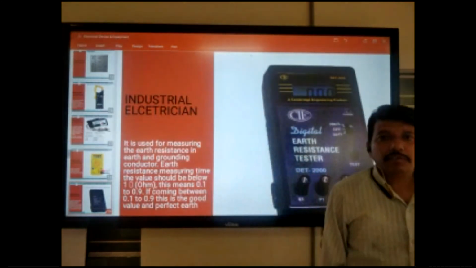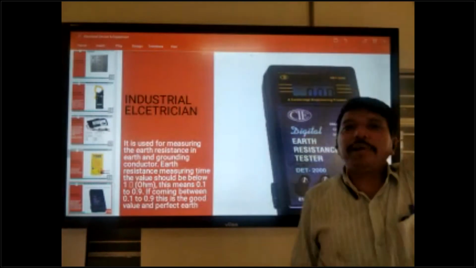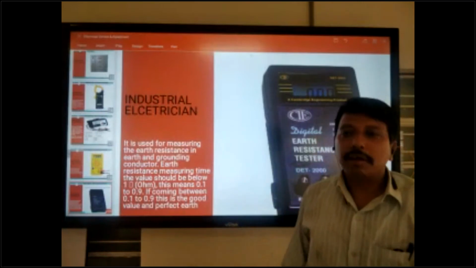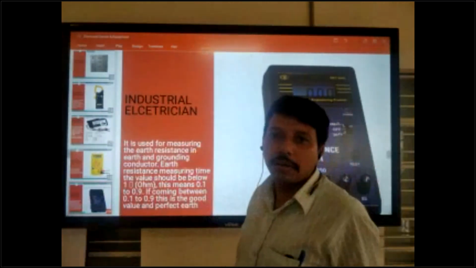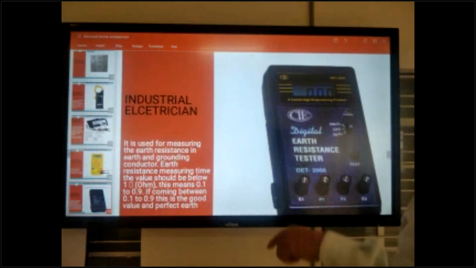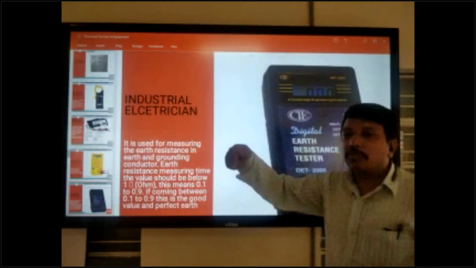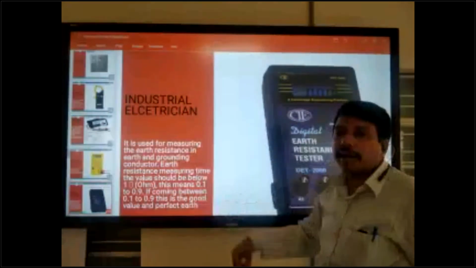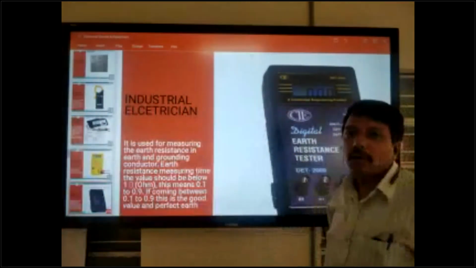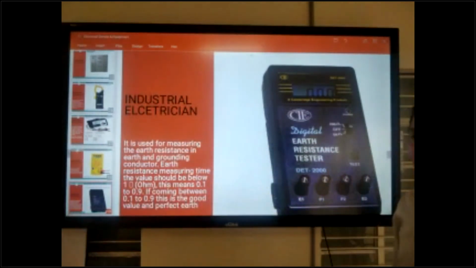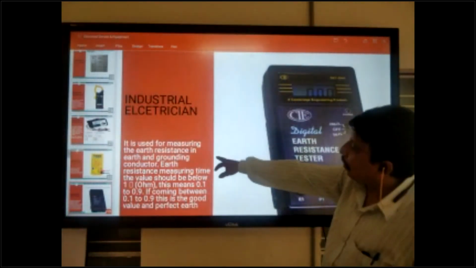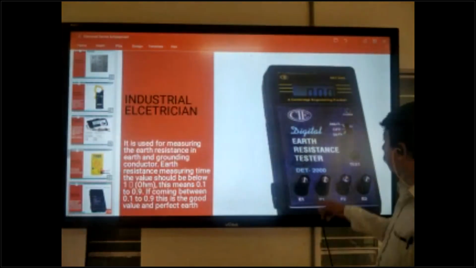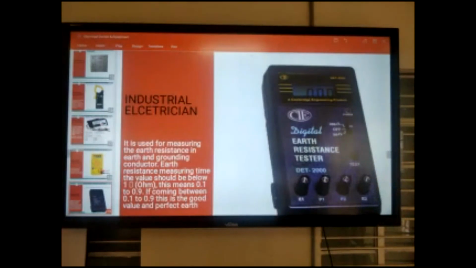In any building, any project you are working on, they make one earth pit, one earth conductor, an earth rod for earthing purposes. So when that earthing is done, the earth resistance is taken, and we can use the earth resistance tester.